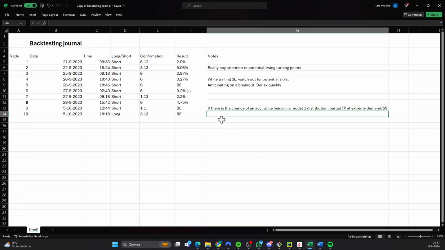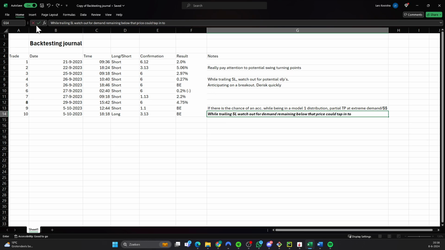in Excel I'm gonna write notes. How can I word it properly? I'll be like, while trailing, because we had this one before, watch out for the memory that price could tap into.